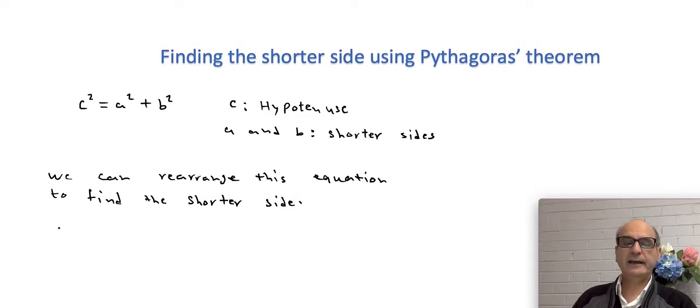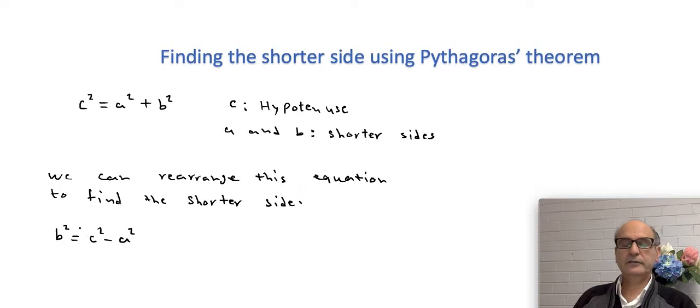So if I rearrange that, b squared is equal to c squared minus a squared. If you take away a squared from both sides, a squared will go away from one side, you end up with b squared, and on the other side you got c squared minus a squared.